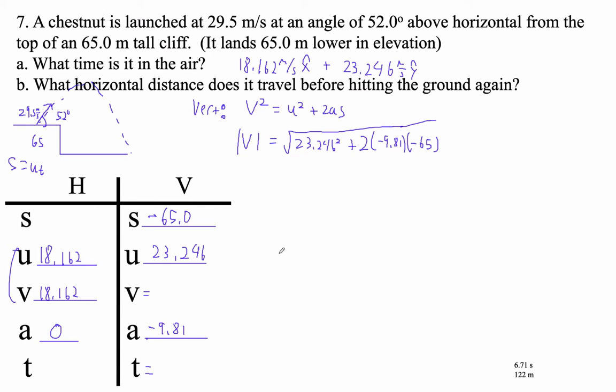So I take the square root of the number I just got, square that, and then add 2 times negative 9.81 times negative 65.